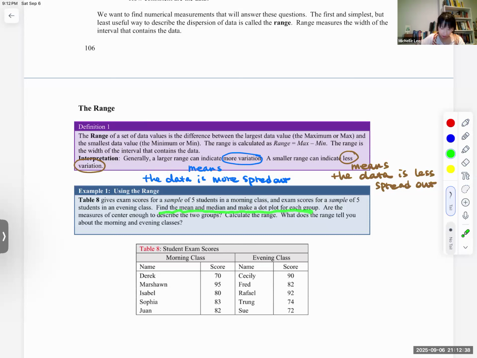And then they ask us, are the measures of center enough to describe the two groups? Then we want to calculate the range, and what does the range tell you about the morning and evening classes? We know how to find the mean and median, so I'm just going to bring the answer here with a dot plot.